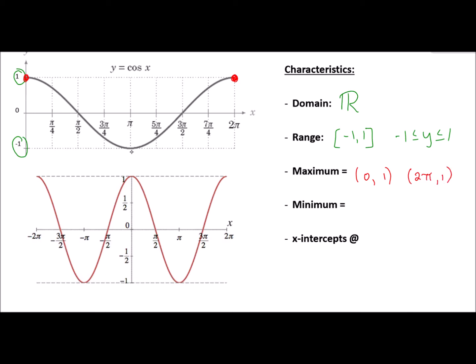The minimum happens in the middle right here, at (pi, -1). And then your intercepts are going to be at (pi halves, 0) and (3 pi halves, 0).